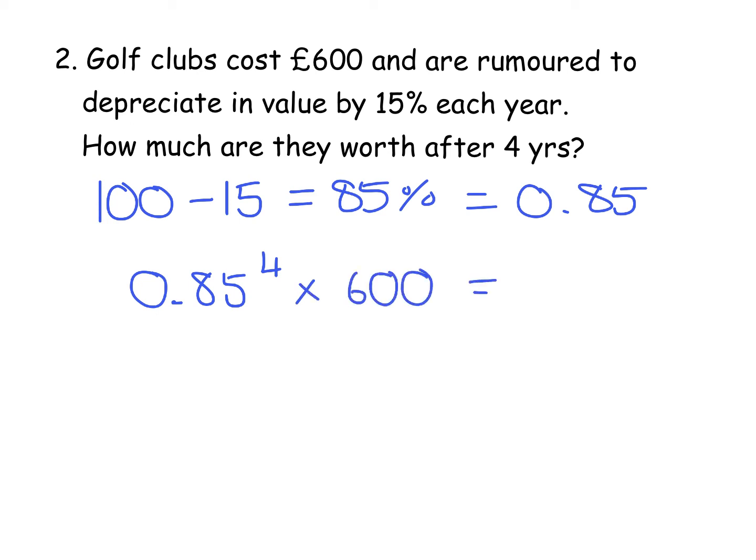Now, it's worth pointing out, in your calculator, you don't have a power of 4 button, so you're looking for a blank power button. If you've got a Casio or a newer version Casio, you're looking for a button which is X with a blank square. If you've got an older Casio, it might be one with a little pointy arrow like that, which is how we do power, maybe when we're typing a Word document, or in Google Classroom when we can't reply to something with powers in it.